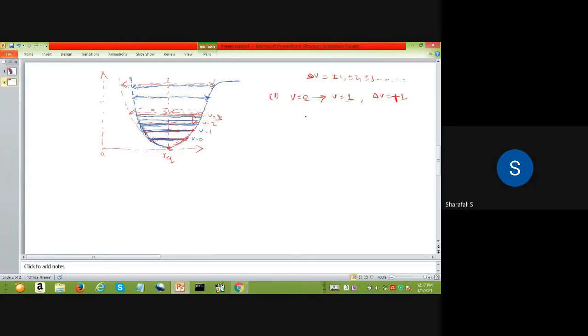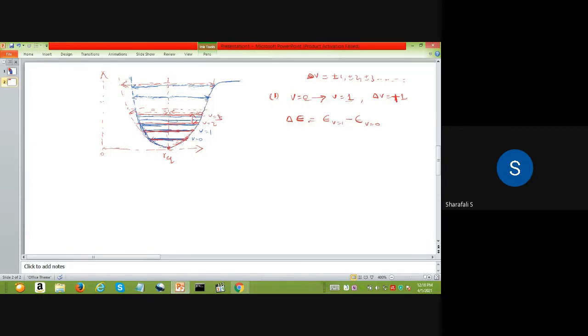So in this case, what will happen if you consider delta E, meaning delta epsilon, that is the energy in terms of wave number. This is nothing but epsilon at V equal to 1 minus epsilon at V equal to 0. So what is this epsilon at V equal to 1? From the previous expression, I will just show how it comes in the first case.